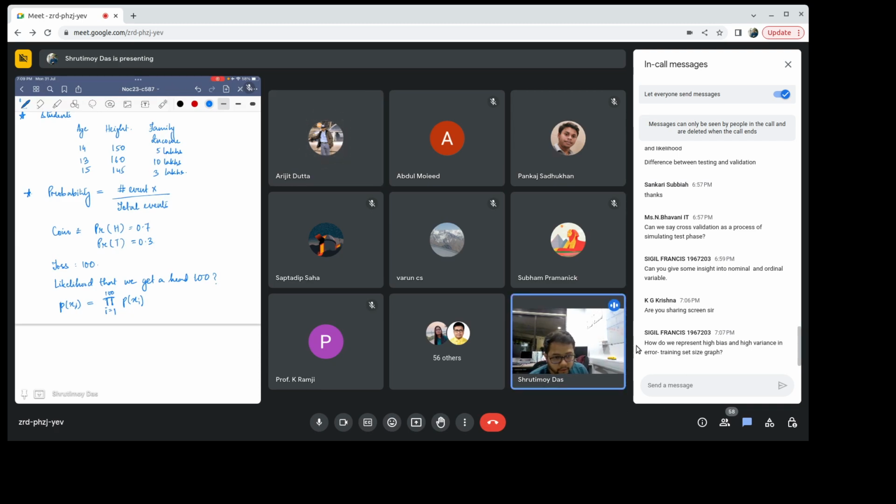Sijil Francis is asking, how do you represent high bias and high variance in an error versus training set size graph? Can you explain what you mean by size graph?